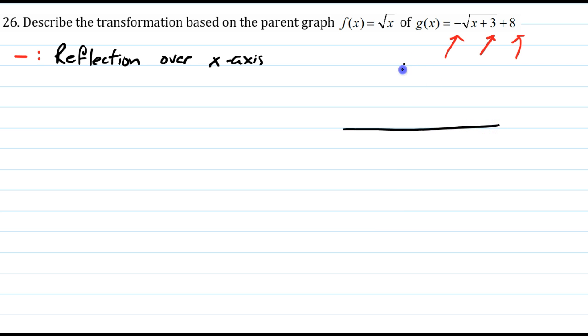So if we were to start with our parent graph here, it'd look like this. And so now we have that negative, and so that negative, the very first thing it does is it reflects our graph over the x-axis.